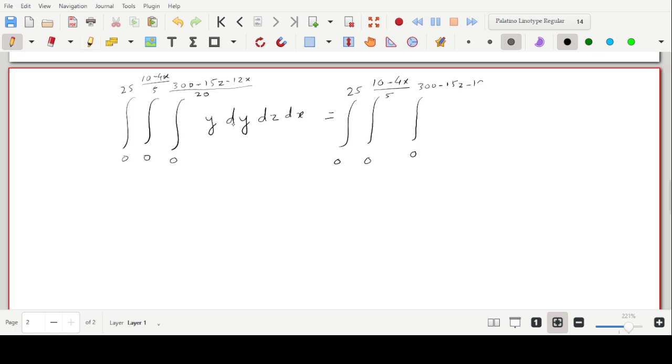I guess we should not write this, because we can straight away. So the integral of y with respect to y is y square over 2.